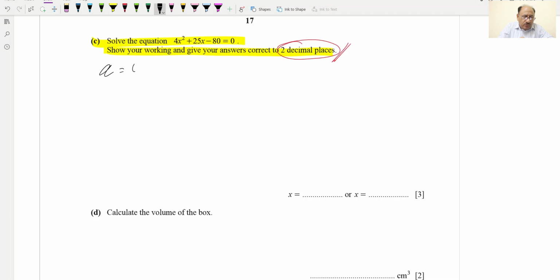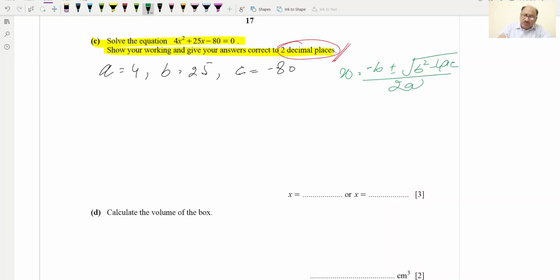So a is equal to 4, b is equal to 25, and c is equal to minus 80, and the quadratic formula is what? Quadratic formula is x is equal to minus b plus minus square root of b squared minus 4ac, divided by 2a. So this is basically the quadratic formula which we'll be applying.